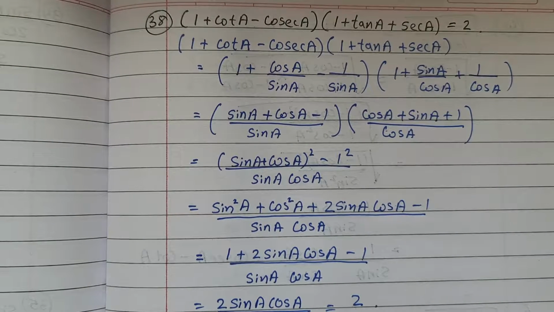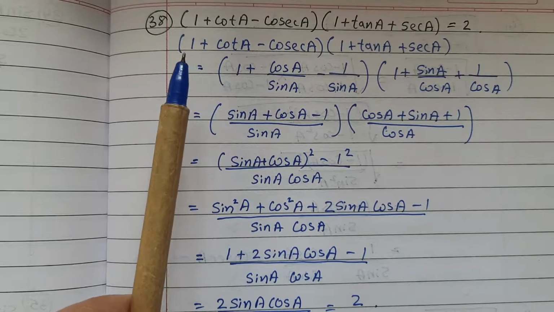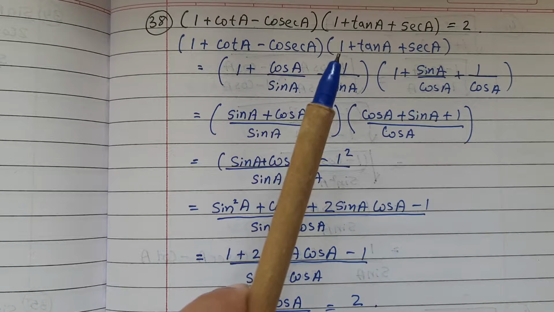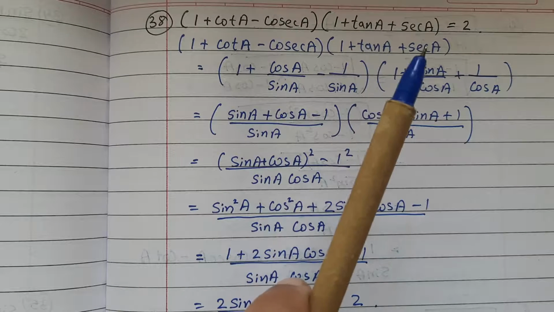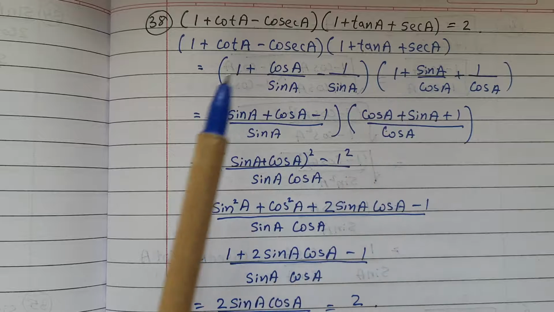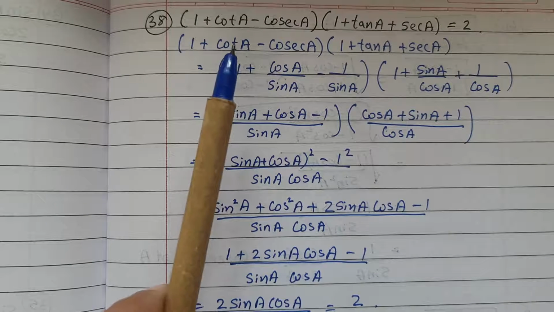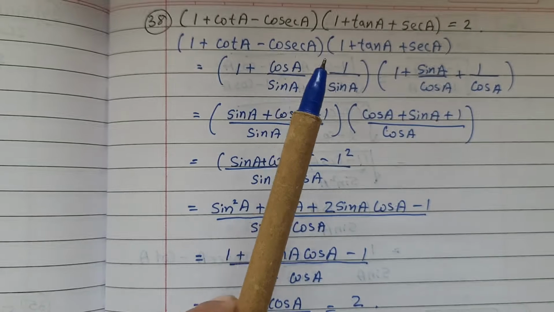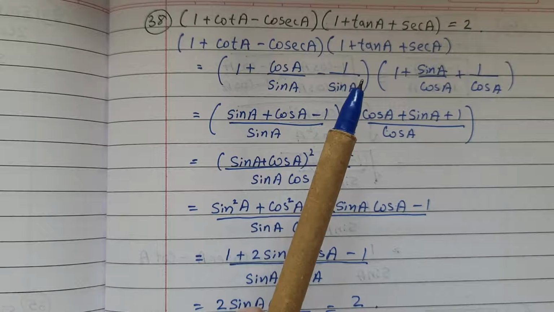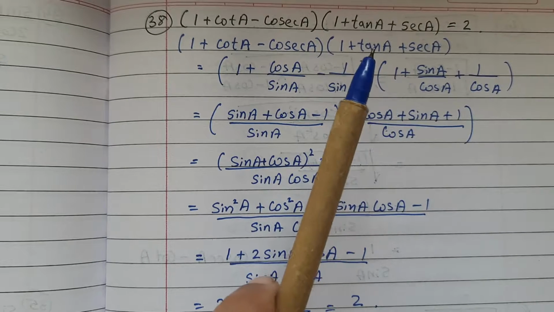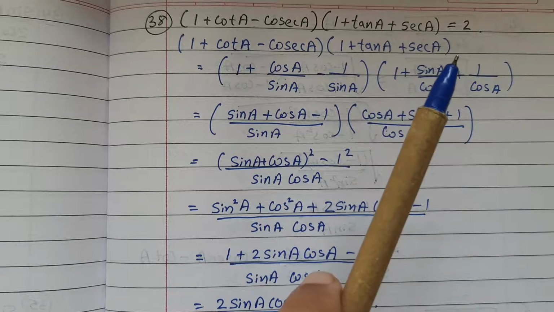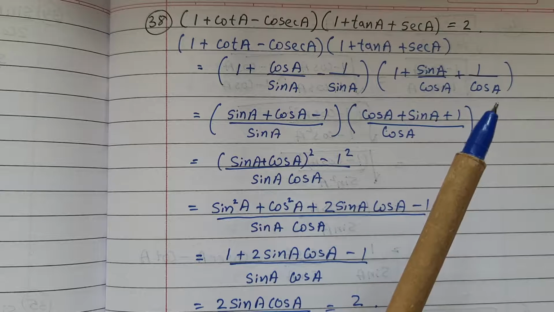Sum number 38. Left hand side is equal to (1 plus cot a minus cosec a) into (1 plus tan a plus sec a). Cot a is cos a upon sin a, cosec a is 1 upon sin a, tan a is sin a upon cos a, and sec a is 1 upon cos a.